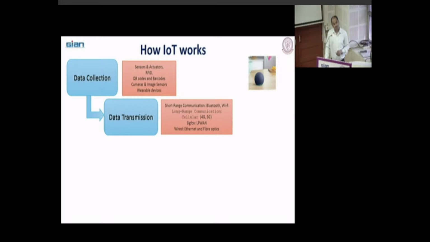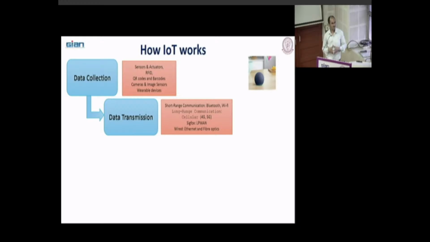Short range communication, again. When you say data transmission, you may want to transfer that data to your cloud, a centrally managed provider location, or you may want to share it with a local platform where you manage that information locally.